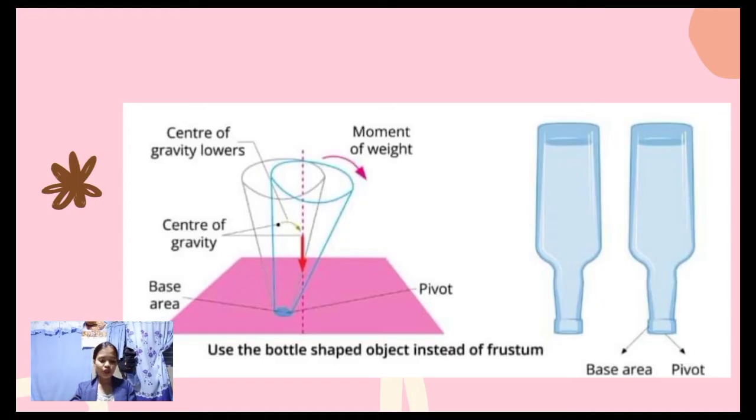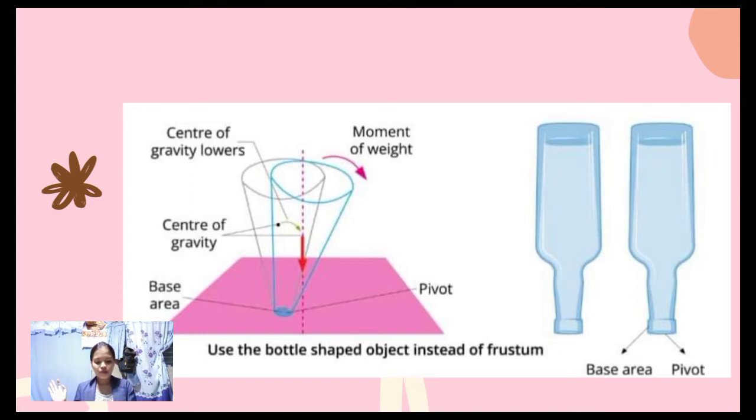As you can see in the picture, it is the same as the stable equilibrium. So now it is the moment of weight, the pivot, the base area, and the center of gravity, and the next one is the center of gravity lowers.